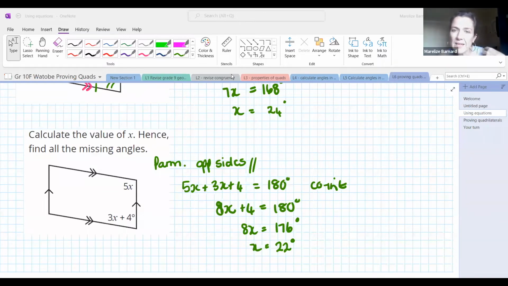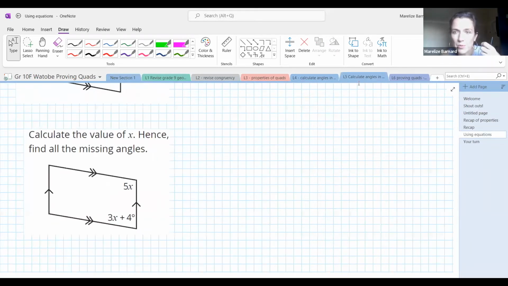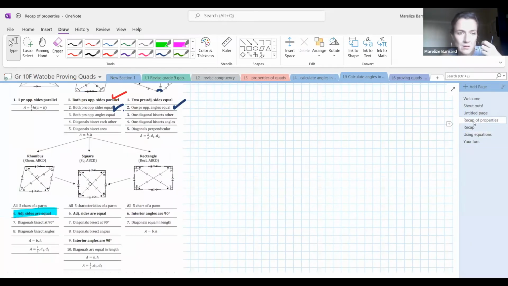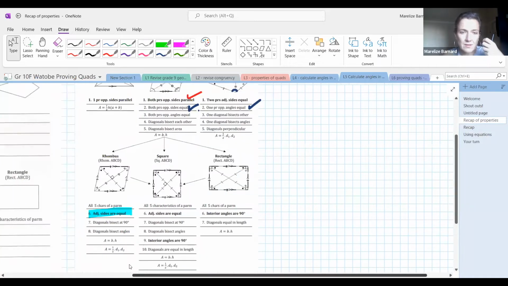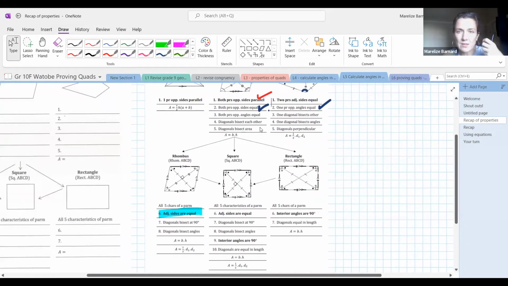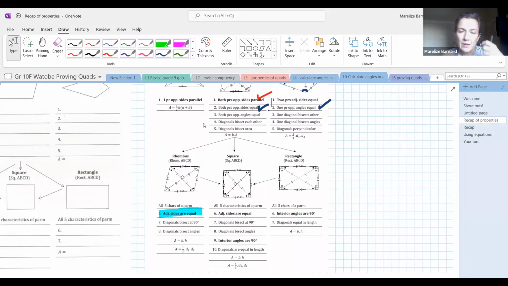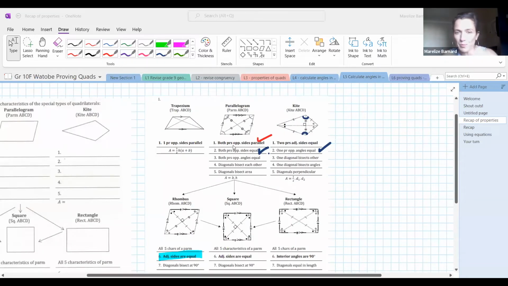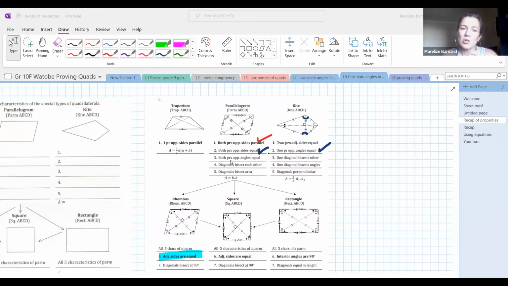Okay, so Mammy's asking, what's the difference between a rhombus and a parallelogram? Okay, so let me maybe get that. Where is my big shape organizer? Here it is. So a parallelogram has all these properties: both pairs of opposite sides parallel, equal, etc. So a rhombus is actually a special parallelogram.